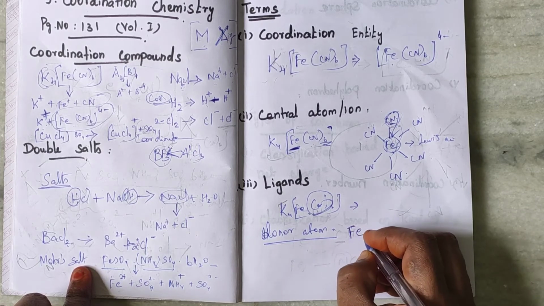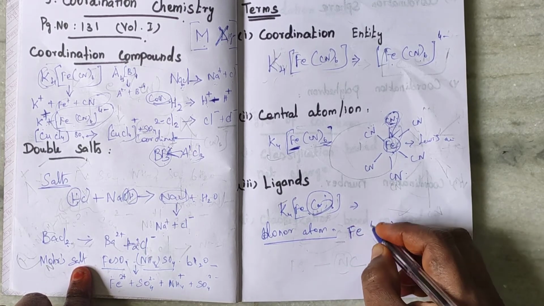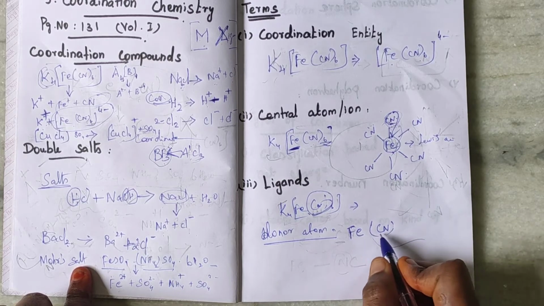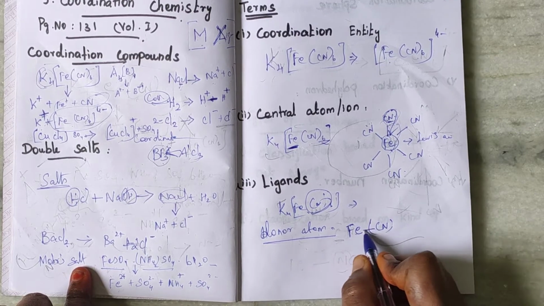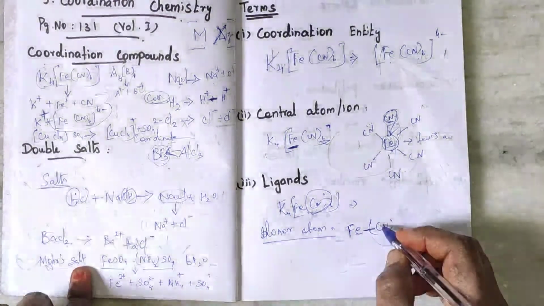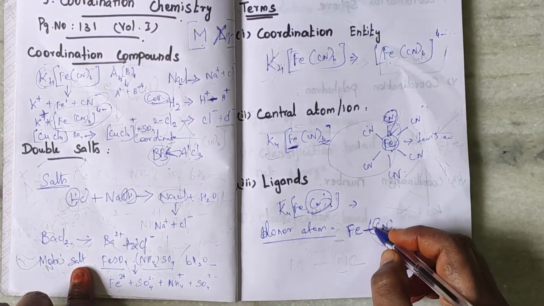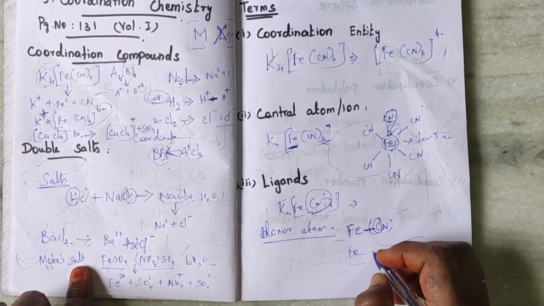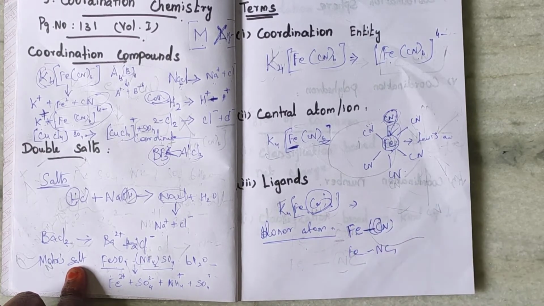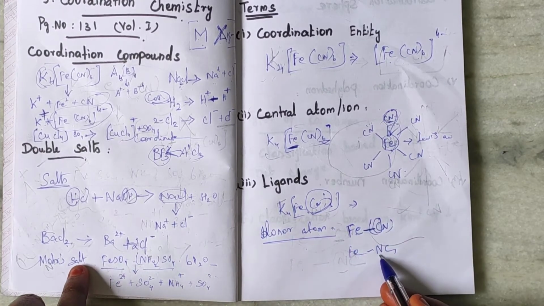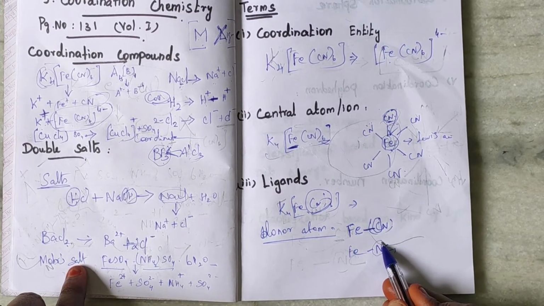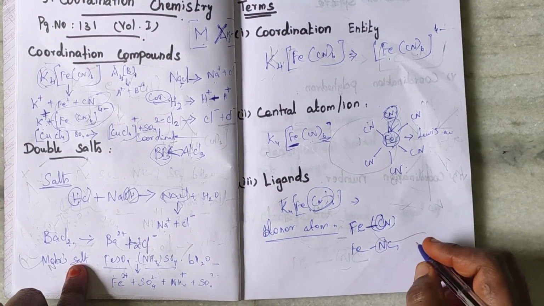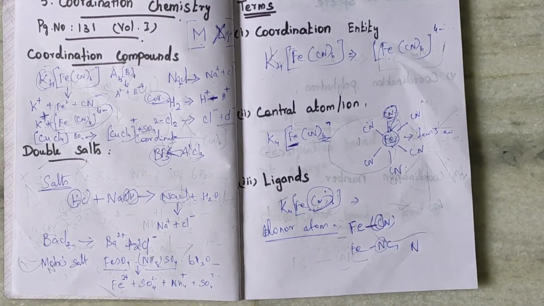Here Fe is directly connected with cyanide; the metal atom is connected with carbon, so here the donor atom is carbon. Then if we write it like this, NC, the metal atom is directly connected with the nitrogen atom, so here the donor atom is nitrogen.